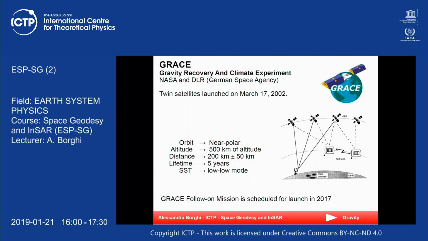With GRACE, for instance, the Tohoku earthquake could be recorded. Not all earthquakes, it depends on the magnitude. But with this system, when we have such big seismic events, the satellite can record them. And it's called low-low mode.